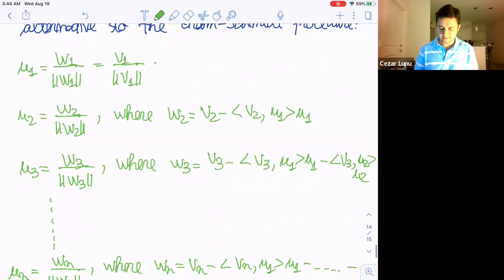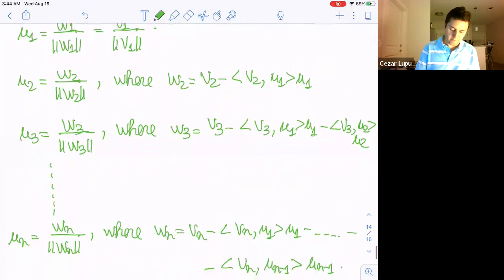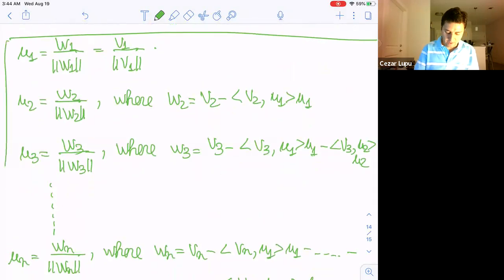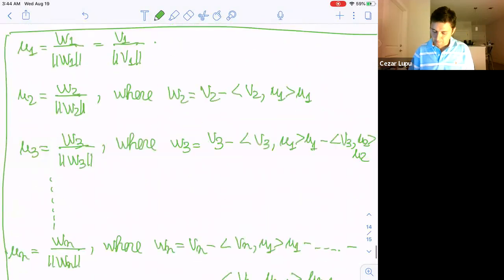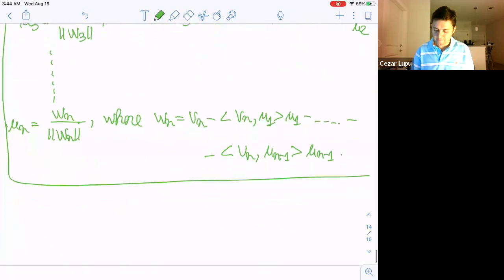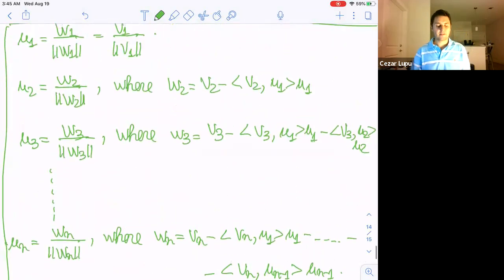Okay, we can write them in this way. It's basically the same thing. So that's the Gram-Schmidt orthogonalization procedure.